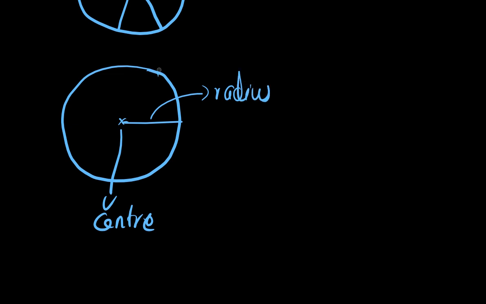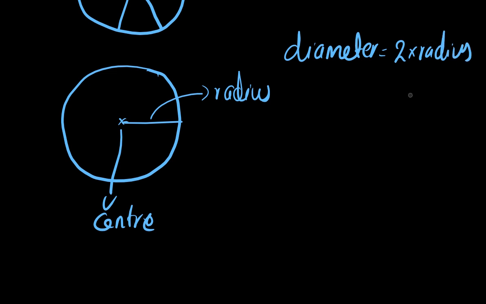So in the previous image we can see that a diameter connects any point on the circle through the center, and a radius connects the center and any point on the circumference. So we can see from the images that diameter is equal to 2 times radius, or we can write radius is equal to diameter divided by 2.